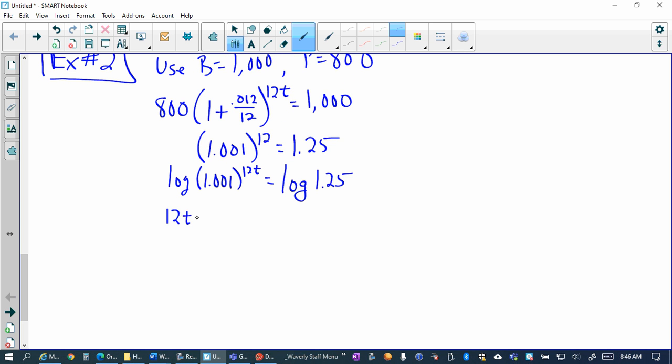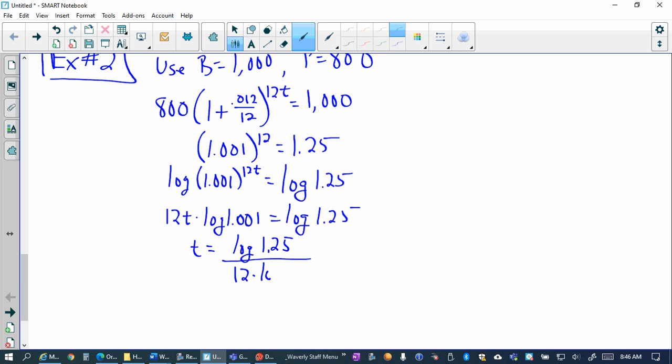So 12t times log 1.001 equals log 1.25. And then we can divide both sides by 12 log 1.001. So we end up with t equals log base 10 of 1.25 divided by 12 times log 1.001. We'll do the equals approximately.